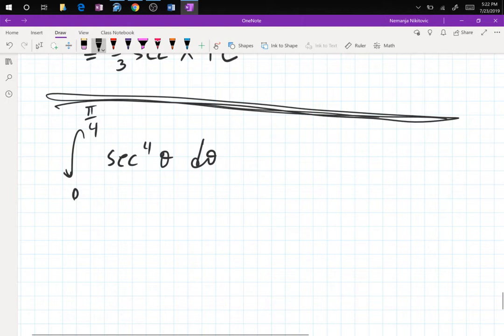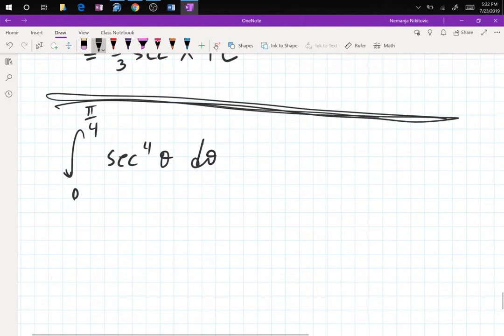Any ideas? What is the secant squared times secant squared? It would be 1 plus tangent squared times secant squared. Okay. I got stuck with algebra.